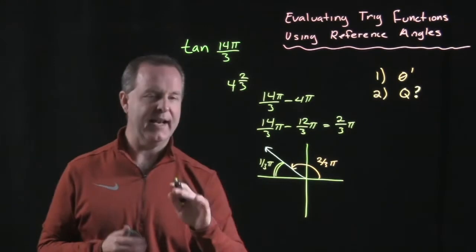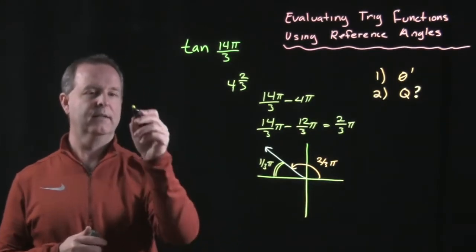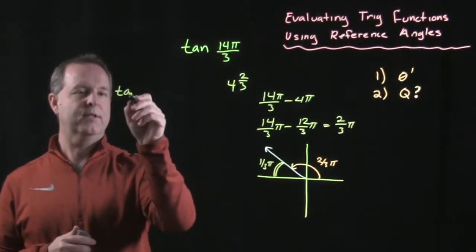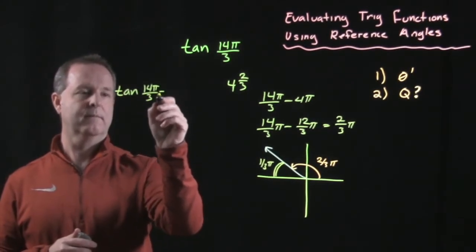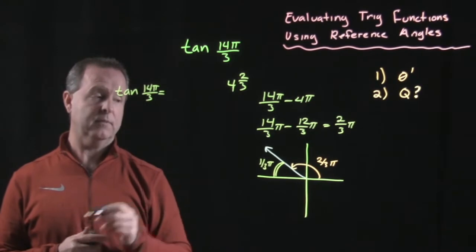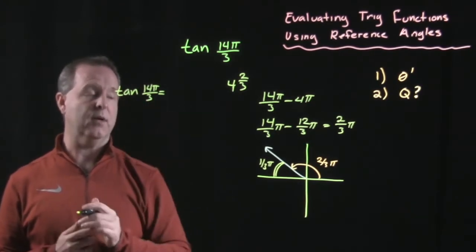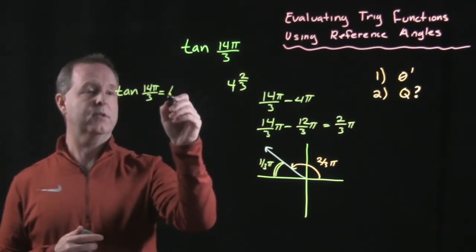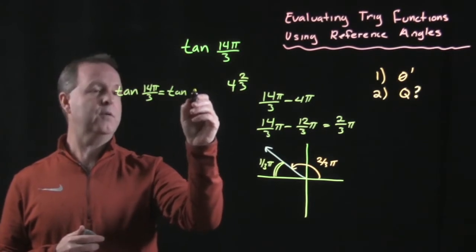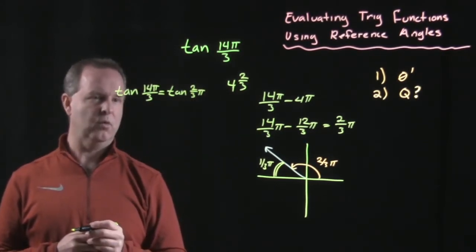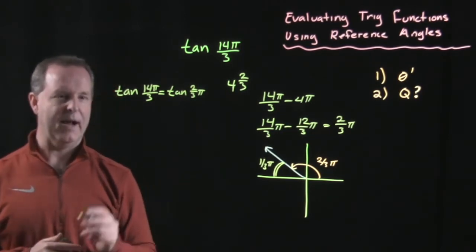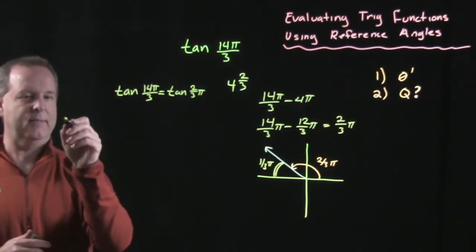So let's see if we can shape up what's going on here. We started with the tangent of 14 pi thirds. That is equal to, because we know coterminal angles are equal, the tangent of 2/3 pi. Let me write this all out a little bit deeper here.